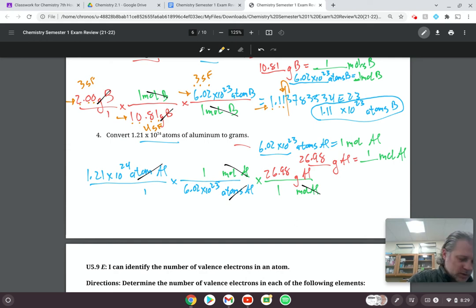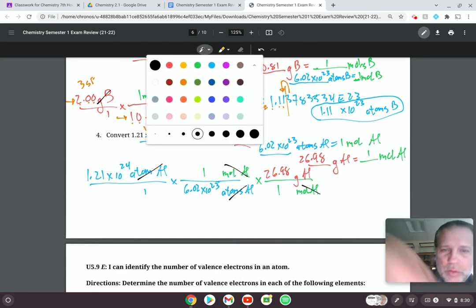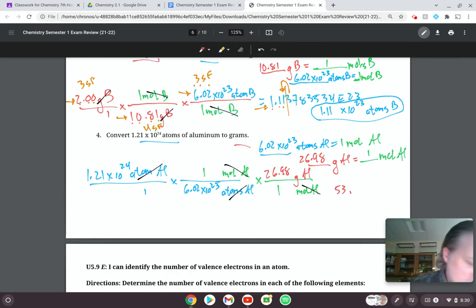1.21 times 10 to the 24th divided by 6.02 times 10 to the 23rd times 26.98. The calculator gives me, did I do that? Yep. So the calculator gives me a value of, let's see, something like 53.78. Oops, I don't know what that number is. Let me check my answer.